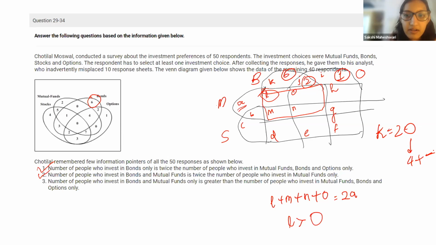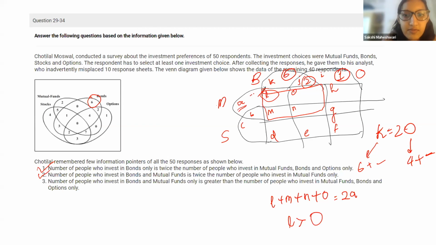For K, we already figured out it's 6, so this will be 6 plus something. Let's look at this value now, LMNO. L is bonds and mutual funds. Let's fill this table completely, so it would be easier for us to solve.